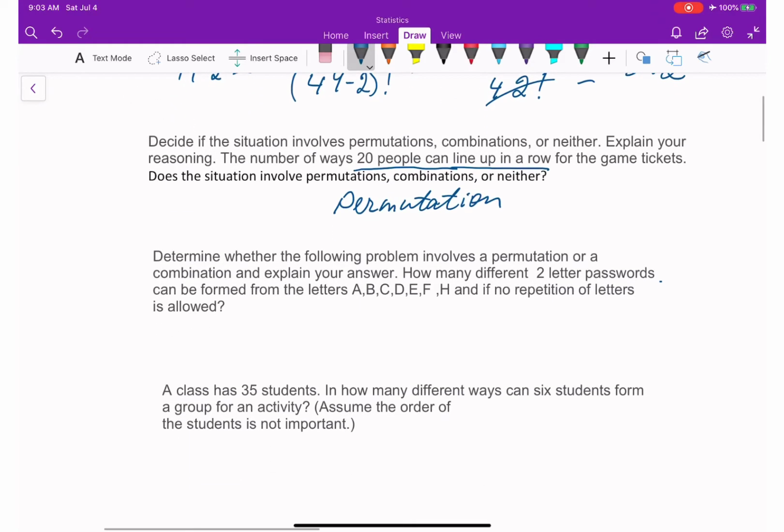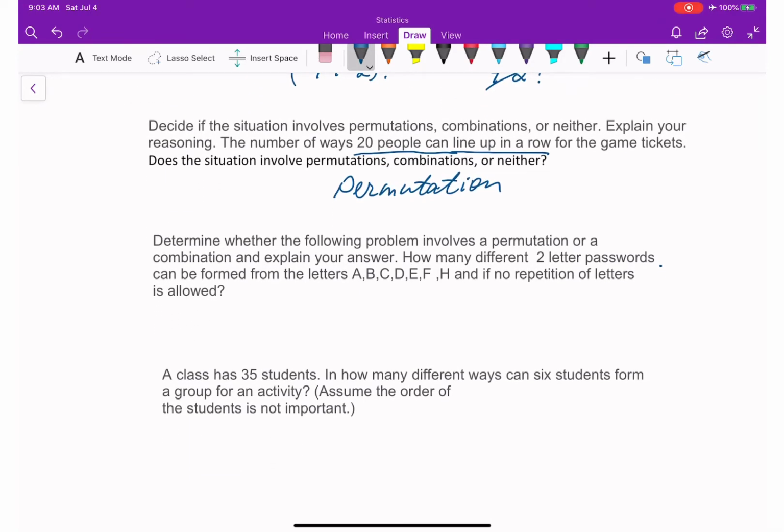Next one. Determine whether the following problem involves a permutation or a combination and explain your answer. How many different two-letter passwords can be formed from the letters A, B, C, D, E, F, H, if no repetition of letters is allowed? The key word here is two-letter passwords.